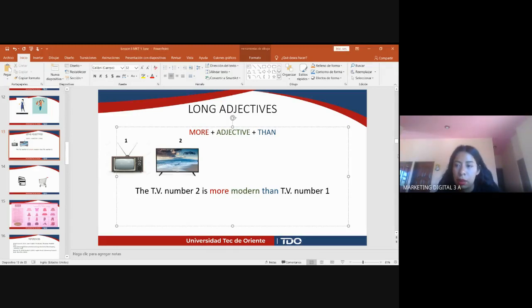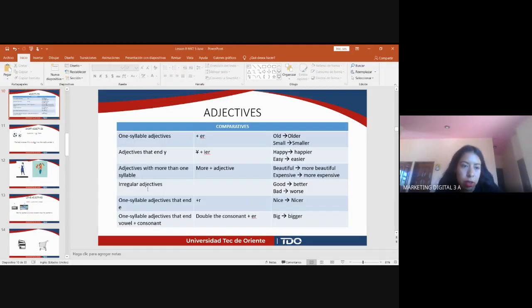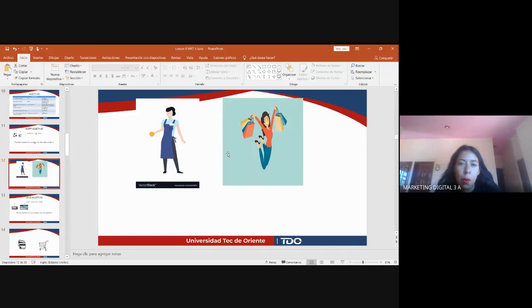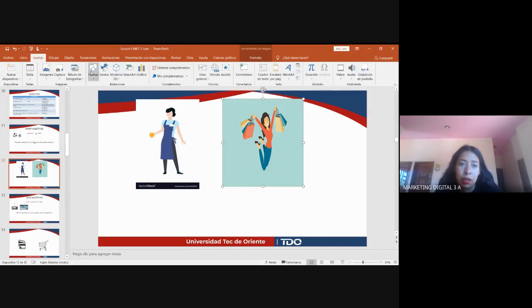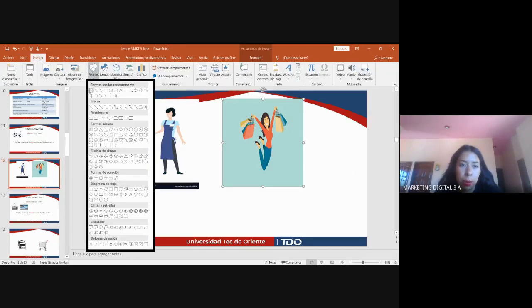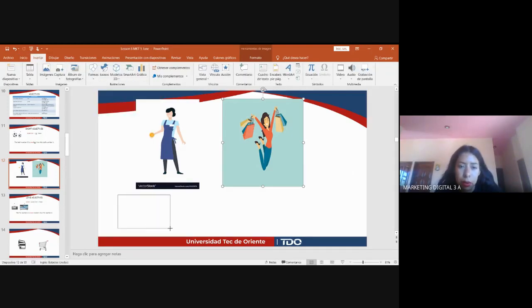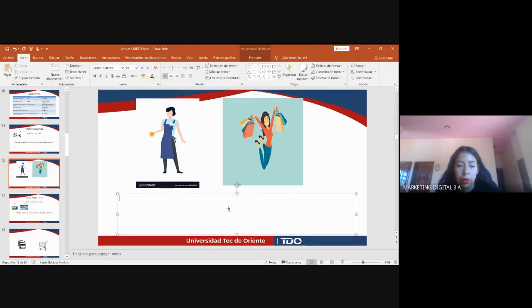So now we are going to check the images. What comparisons can you make about these two images, or about these two people? What can you say about them? We have number 1, Emma, please.